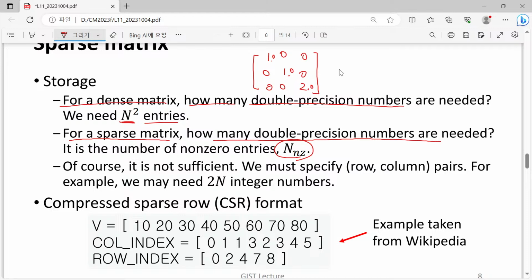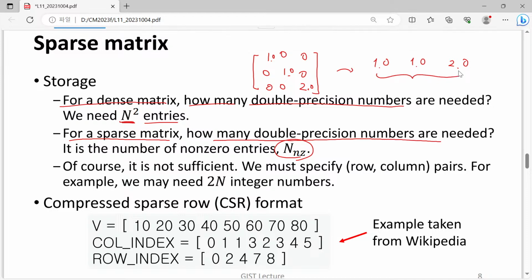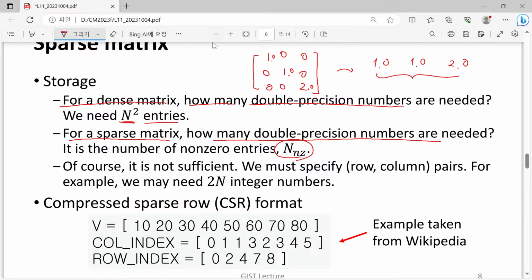Then essentially, if we memorize 1.0, 1.0, and 2.0, that is enough to specify this matrix. In general we had to memorize 9 double precision numbers, but in this case we are quite safe to remember only 3 numbers.